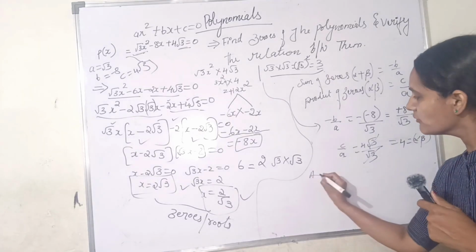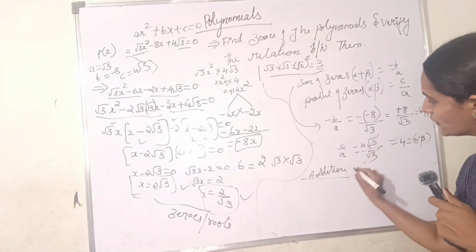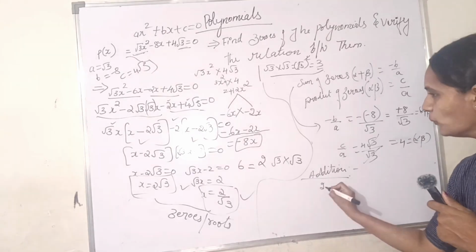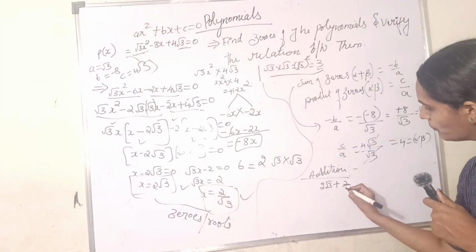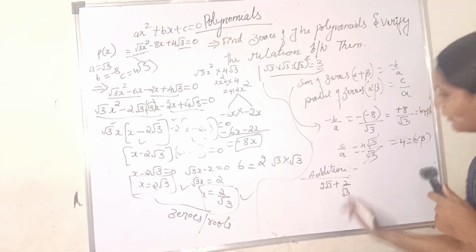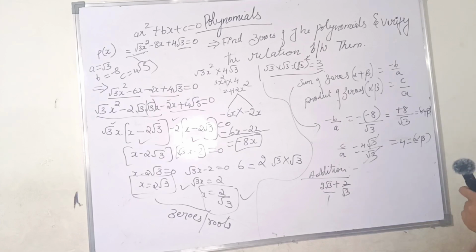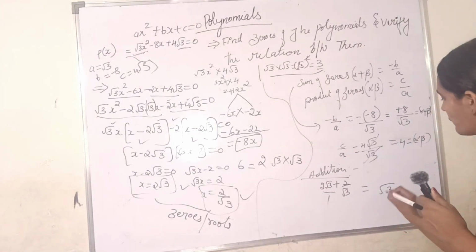Now we will do the normal addition. By using what values should I do it? By using the x values we got already. So 2 by root 3 plus 2 into root 3. One is a normal number, one is a fraction here. How will you solve? Just by taking the LCM. 1 into root 3 is the LCM.